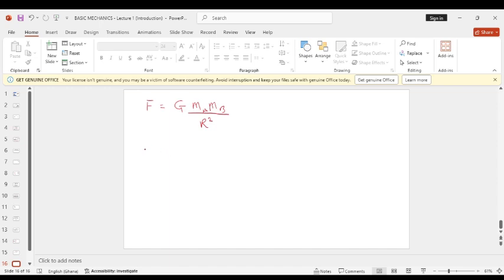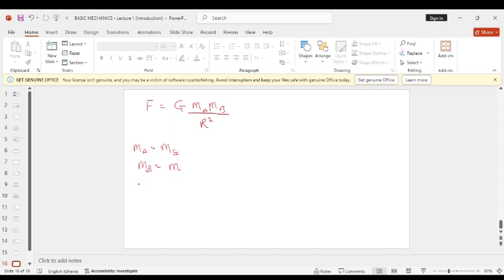From this equation, let's assume that MA is equal to the mass of the earth, which is ME. And MB is an object on the surface of the earth, which we name m with no subscript.